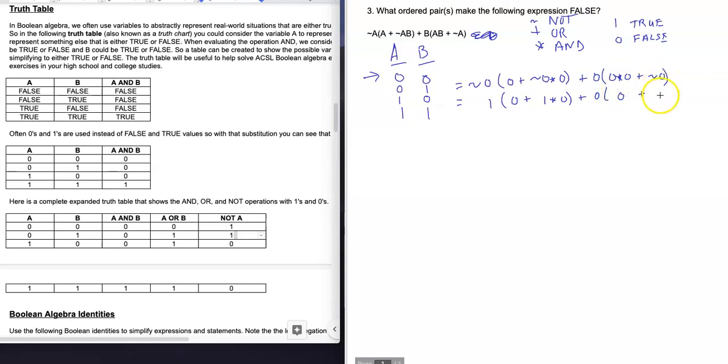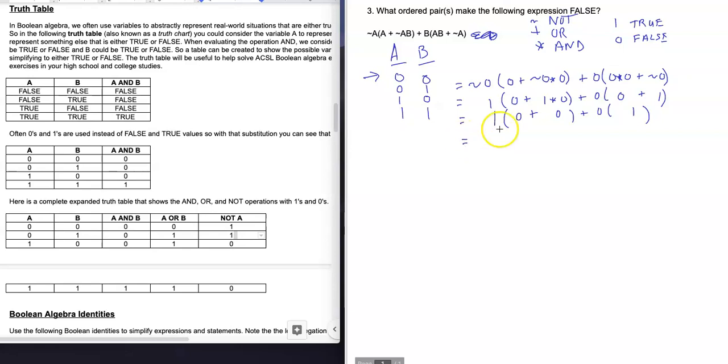The opposite of false is true, in parentheses. The next step in simplification, 1 times the set of parentheses, 0 plus, well, 1 times 0 is 0. And over here, I can simplify: 0 plus 1 is simply a 1.